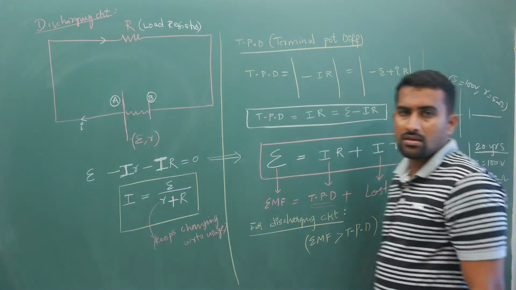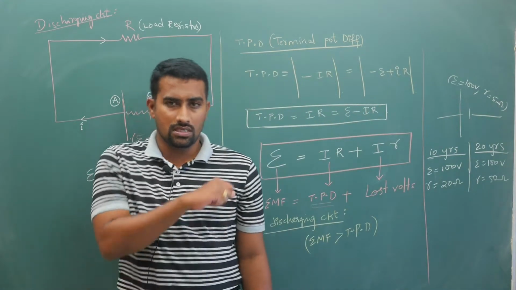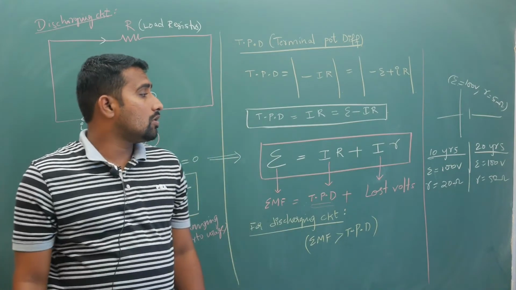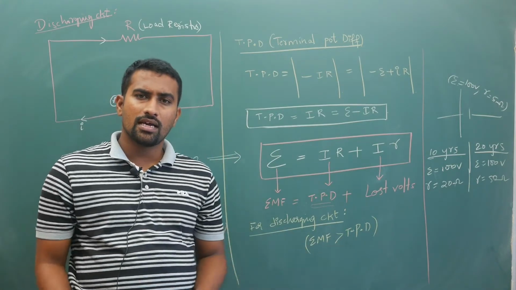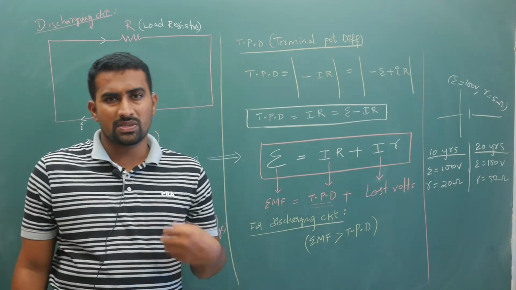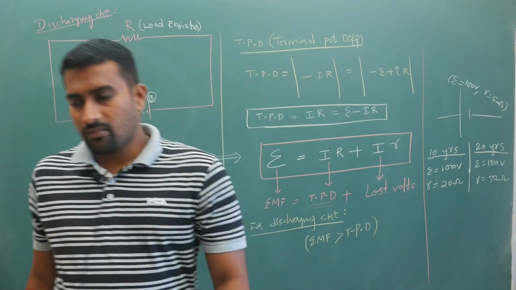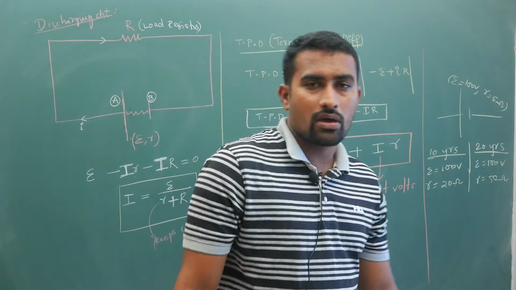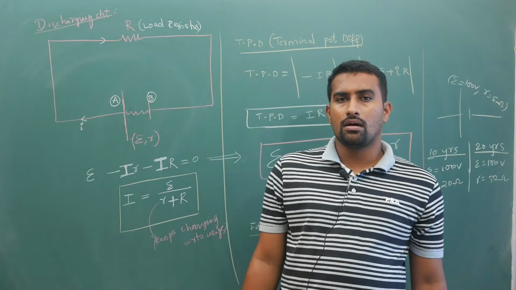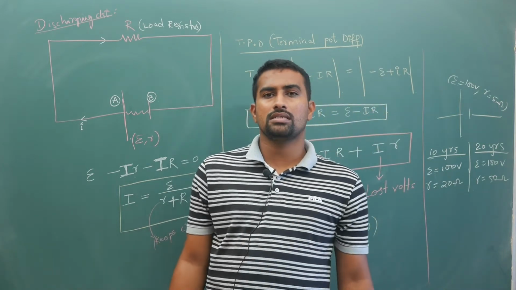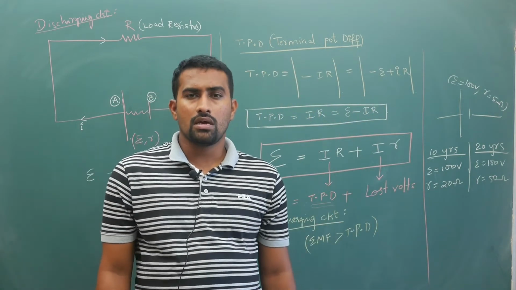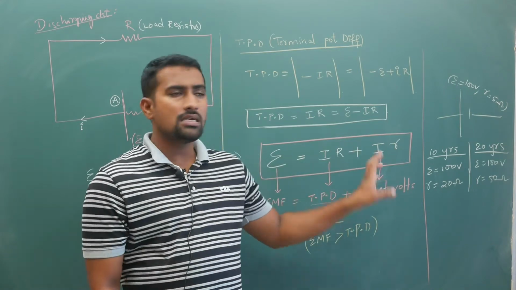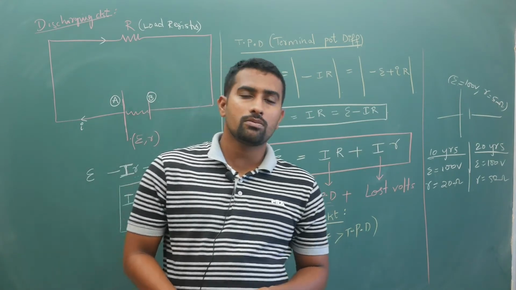As you keep using the battery, internal resistance will actually change. Remember that EMF is nothing but a manufacturer-specified quantity. If the manufacturer puts a label saying the EMF is this much, you are going to have that much only. But when we say the cells have dried out, our cells will not supply EMF, our cells supply terminal potential difference.